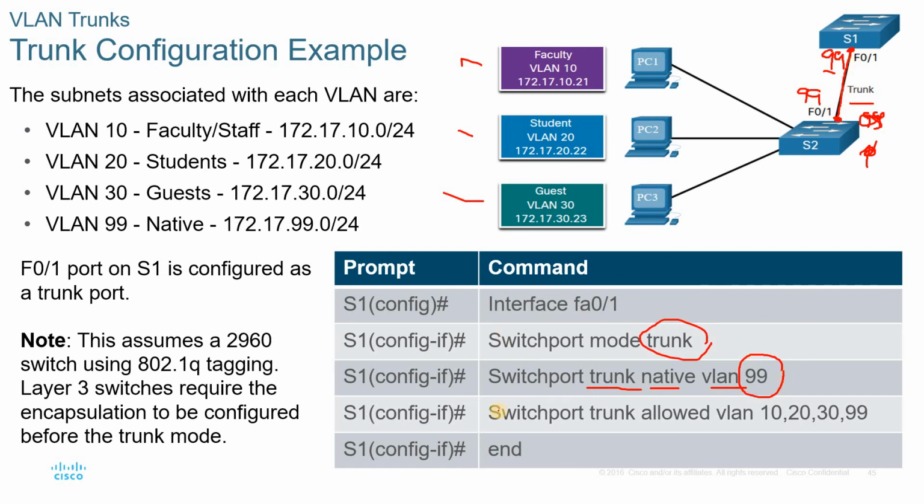Okay? Then, command, switchport trunk allowed VLAN 10, 20, 30, including the native VLAN. Okay? Or, actually, kahit hindi mo gawin to, by default naman, lahat naman ina-allow niyang mag-pass through. Or pwede mong gawin to, kung ayaw mong isa-isahin, VLAN space, lagay mo na lang all. So, imbis na maglagay ka ng mga numbers dyan, all na lang lagay mo. Pwede yun.